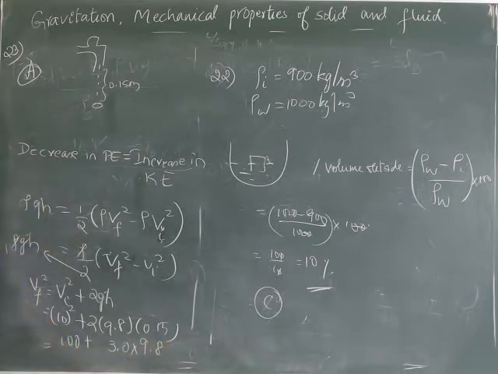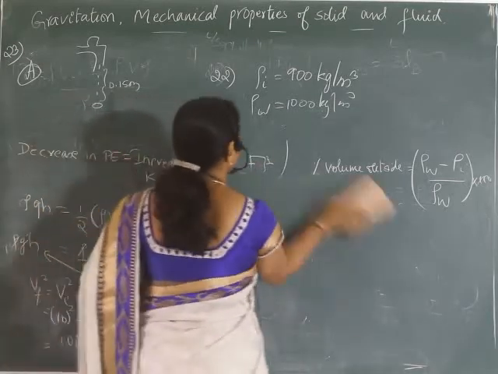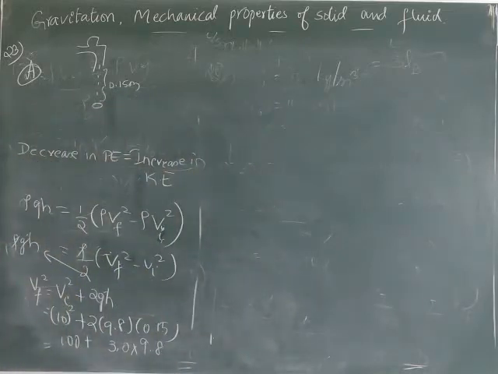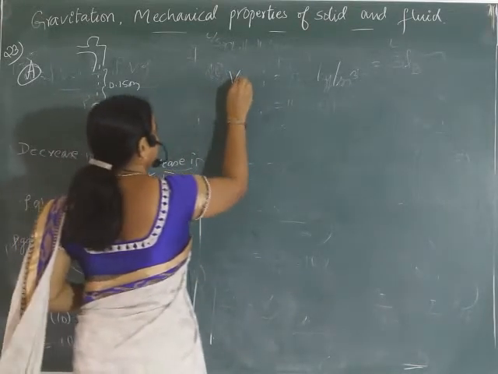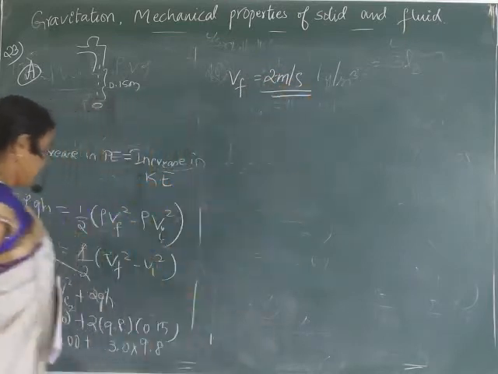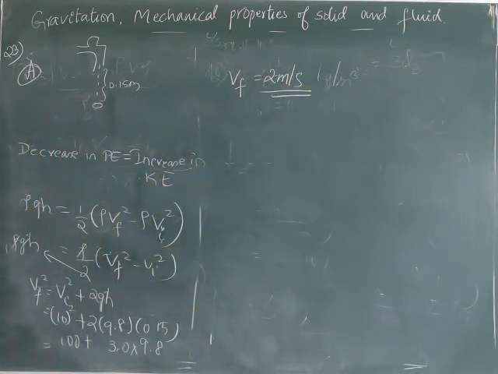What is the answer we get? Vf is equal to 2. We get Vf is equal to 2 meter per second.